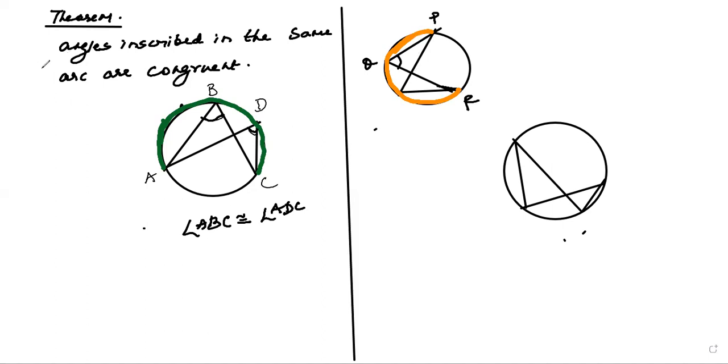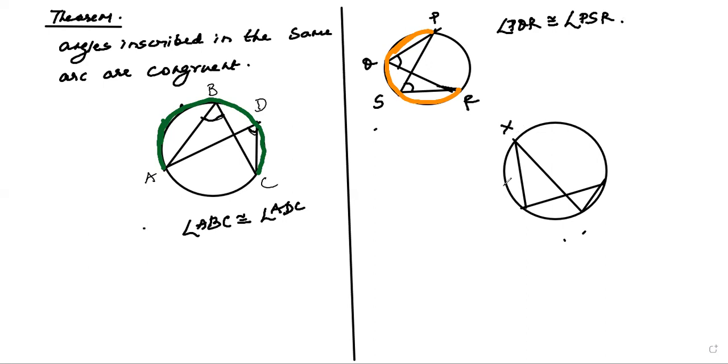And please have a look at the other angle, children. Angle PSR is also contained in the same yellow arc. Angle PQR and angle PSR both are inscribed angles, inscribed in the same arc. They're contained in the same arc. So angle PQR, you can always say, is congruent to angle PSR, angles inscribed in the same arc.